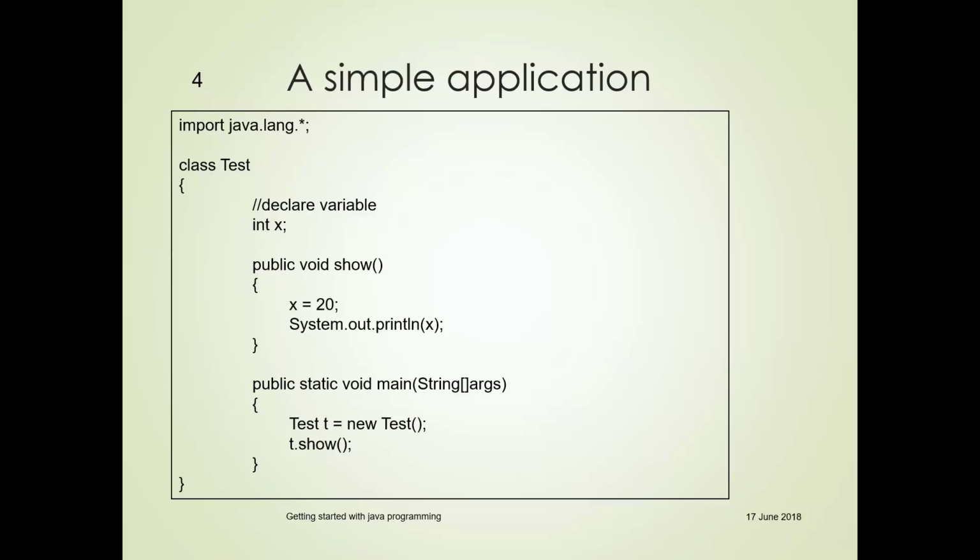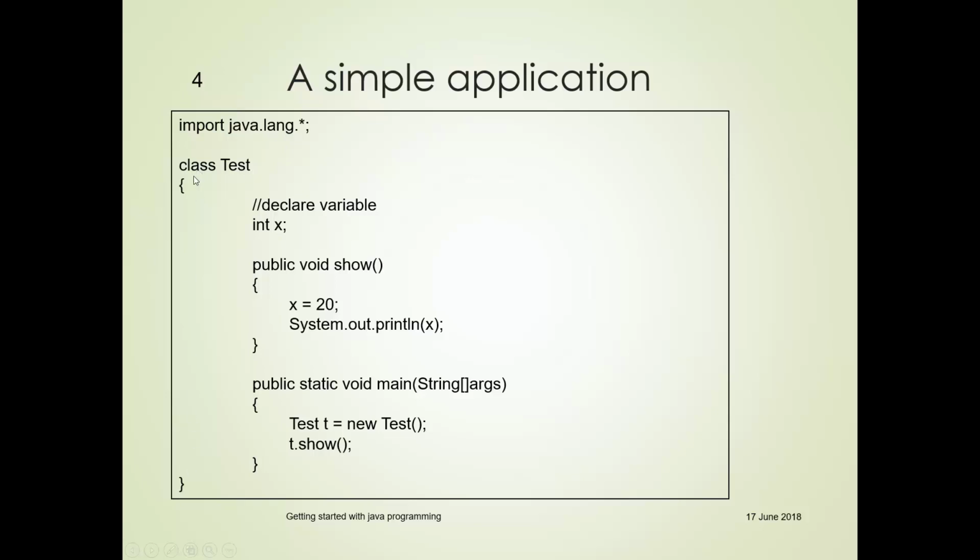This class name is test, so this is a test class. Before this class, I can see another line written, import java.lang. This import java.lang we call a package. I will come back to this topic later, but for now just understand that this is the package, this is the class, this is the start of the class, and this is the end point of the class.